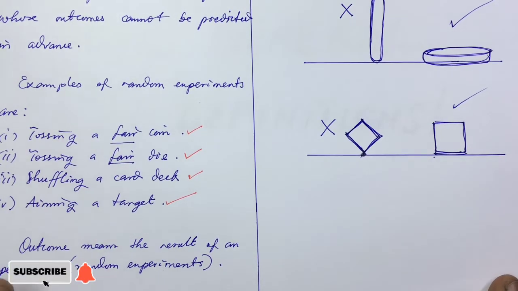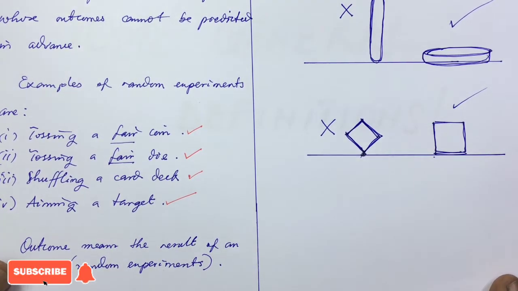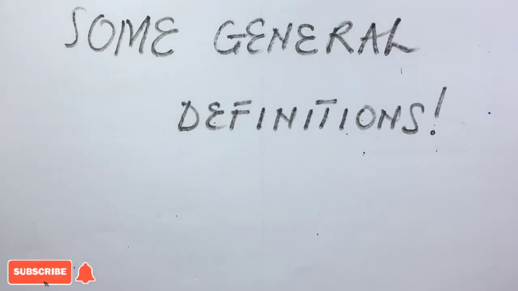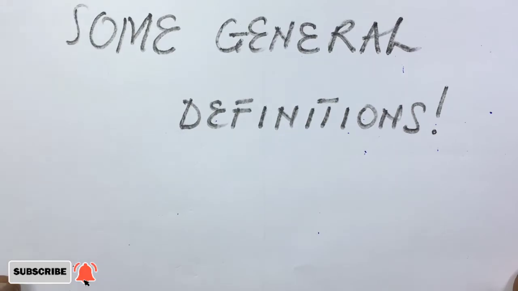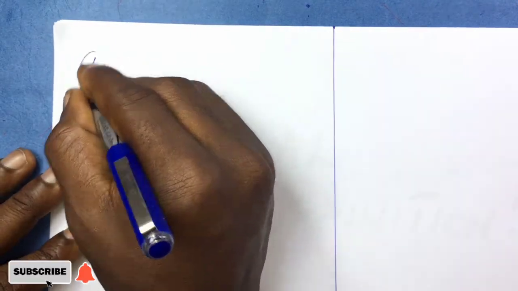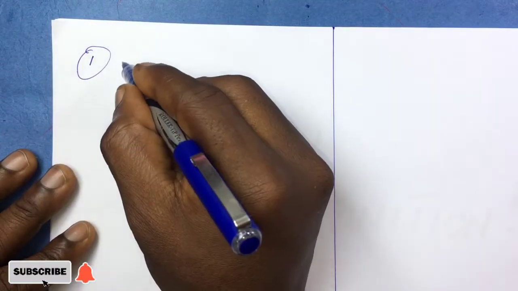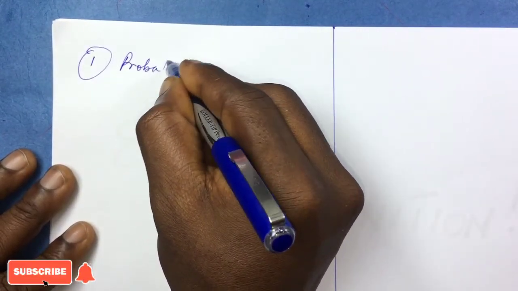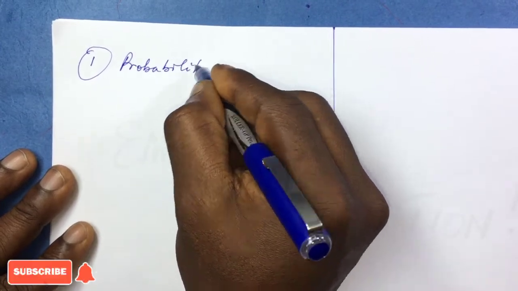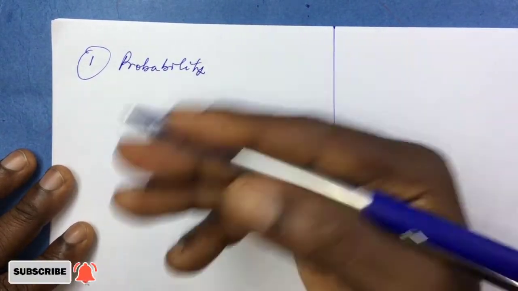Now that being said about random experiments and the terminologies you need to understand, let us go to the next thing. Now that we know what random experiments are, let's go to giving some general definitions of probability. Definition number one: we shall define probability as the study of random experiments.